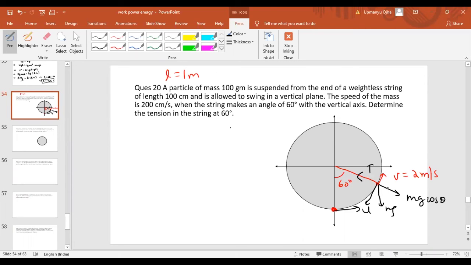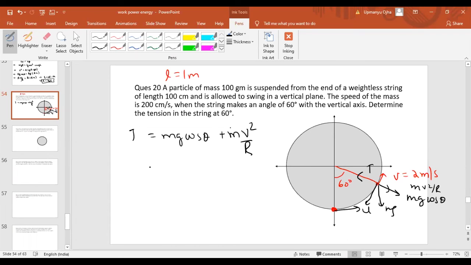Then we have the centrifugal force, that is mv square by r. If we balance the forces here, we get one equation: tension must be equal to mg cos theta plus mv square by r.